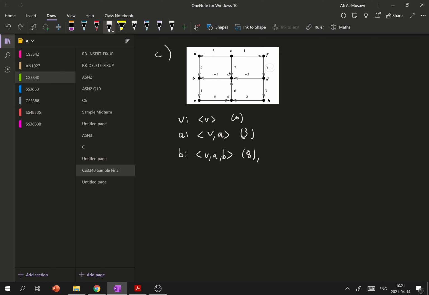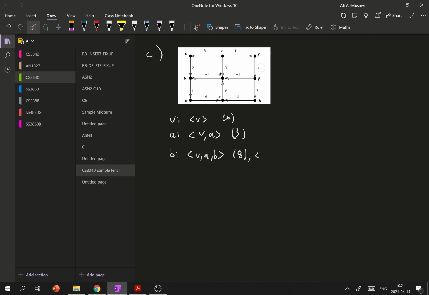There's another one, could be through D. But to get to D, I need to compute the shortest path to D, and I don't know that yet. So I'll just compute it here. There is one through V, VDB. The cost is 3.